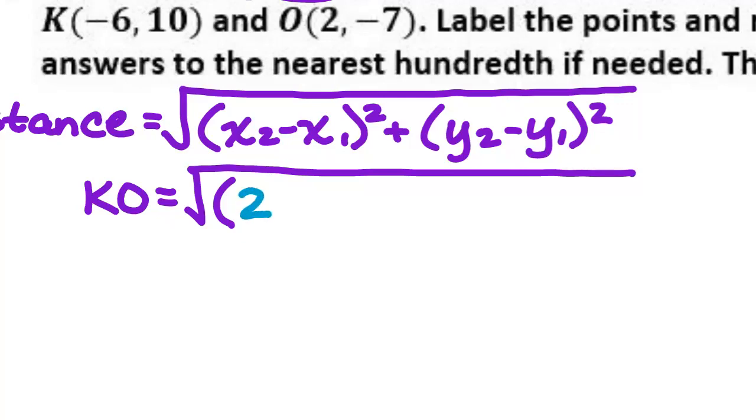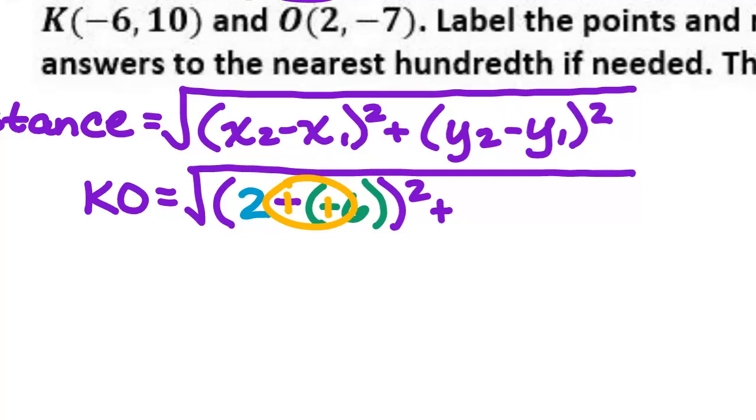So I have 2 minus, and now I need my x1. What is my x1? Negative 6. So 2 minus negative 6. What's going to happen there where I minus that negative? It's going to turn into a positive. So this right here, because it's minus a negative, that becomes a plus.